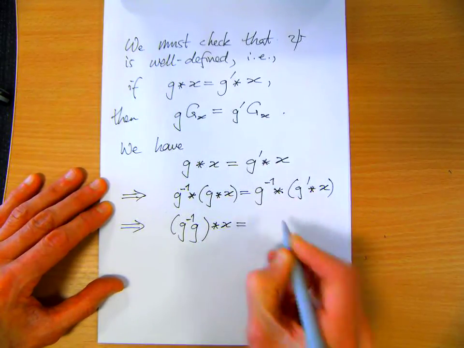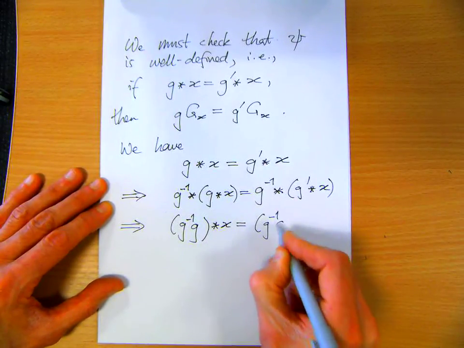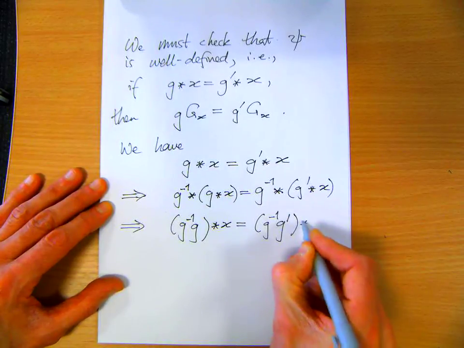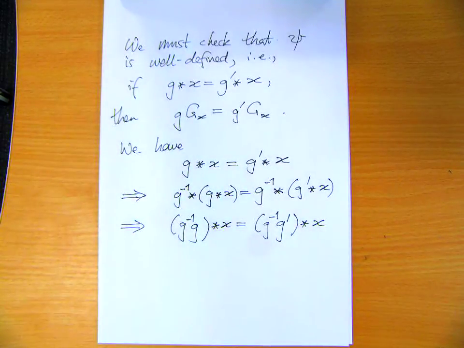So that's using the second property of star being an action, that star is an action of big G on big X.